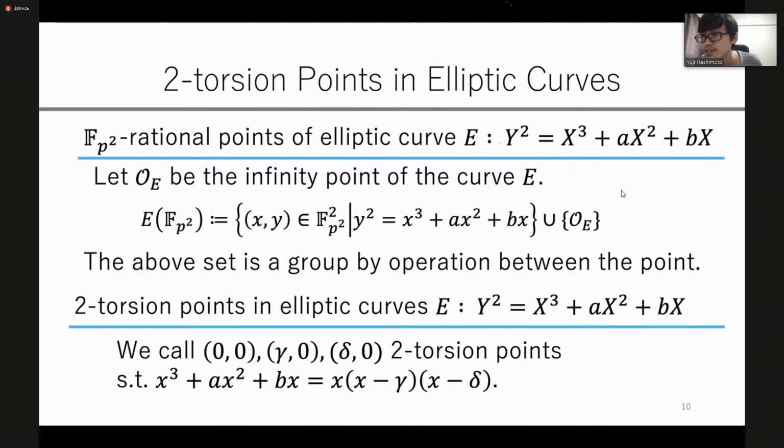The above set is a group by the operation between the points. Therefore, it is also called the F_p^2-rational point group. Suppose this equation is factored in this way. Then we call (0,0), (gamma,0), (delta,0) the two-torsion points.